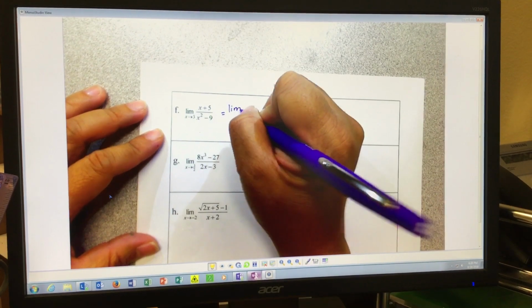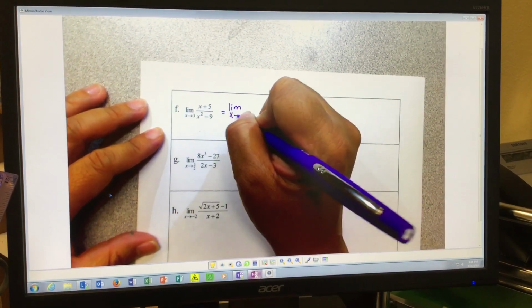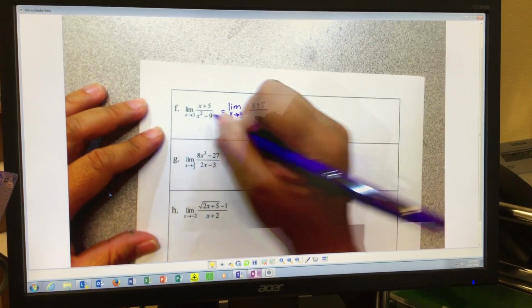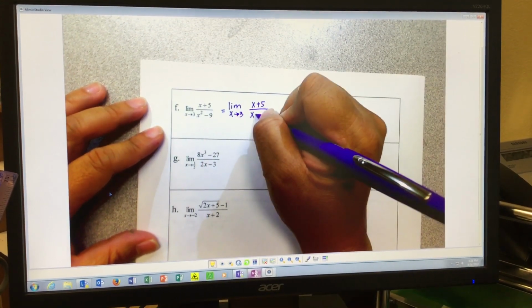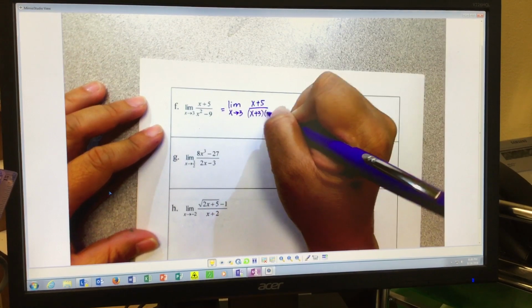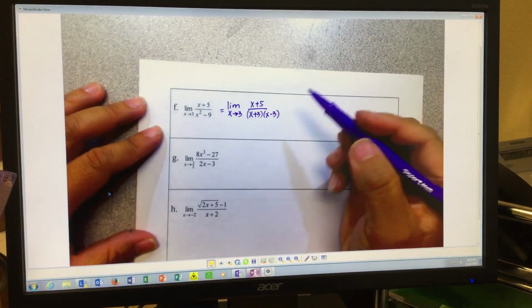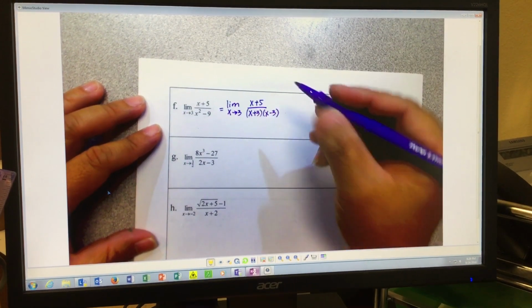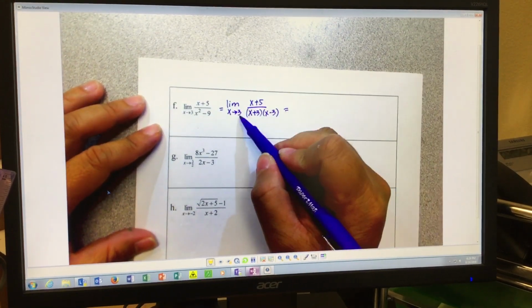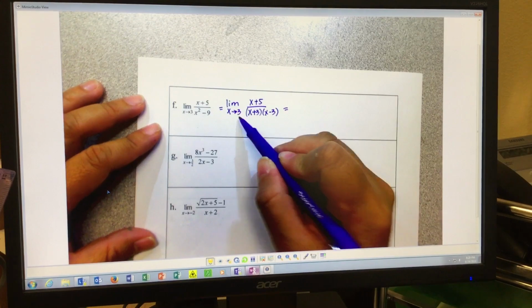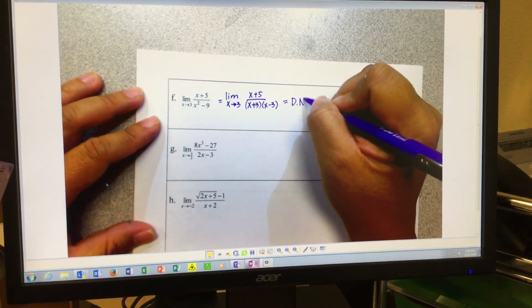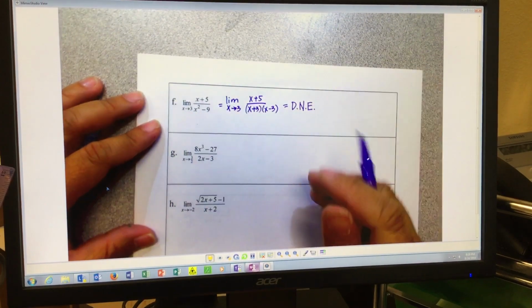So we're going to look at breaking this down a little bit more. x squared minus 9 is the same as saying x plus 3, x minus 3. So at this point, there's no hole, right? We can't cross off anything. And if I put 3 in the denominator, that will make this 0. So at this point, this is D and E.